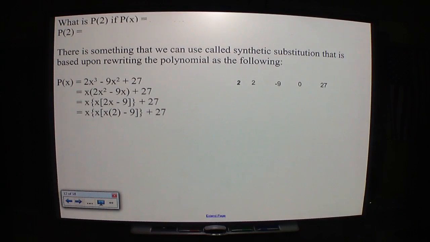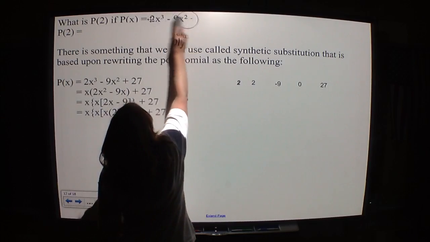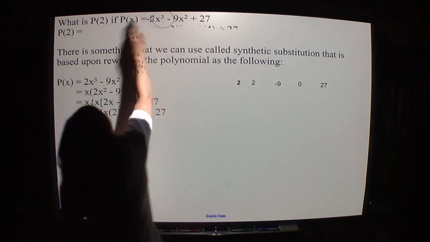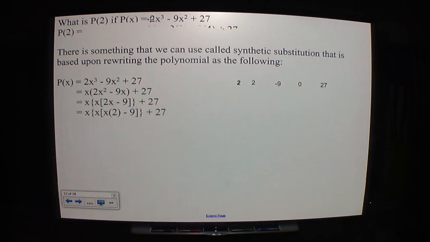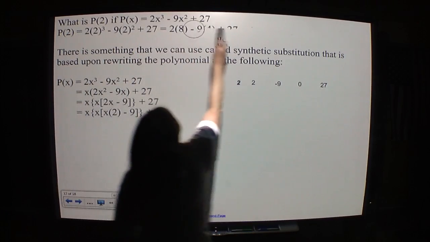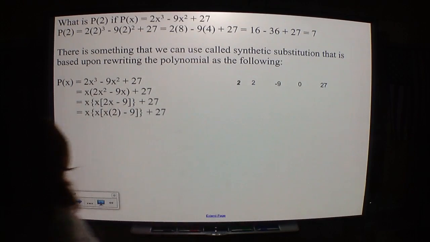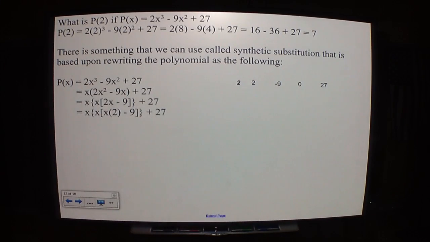What is P of 2 if P of x is equal to 2x cubed minus 9x squared plus 27? Well, what you could do is just plug it in, right? You can just plug in and find your answer. You could also use some synthetic division and find your answer.